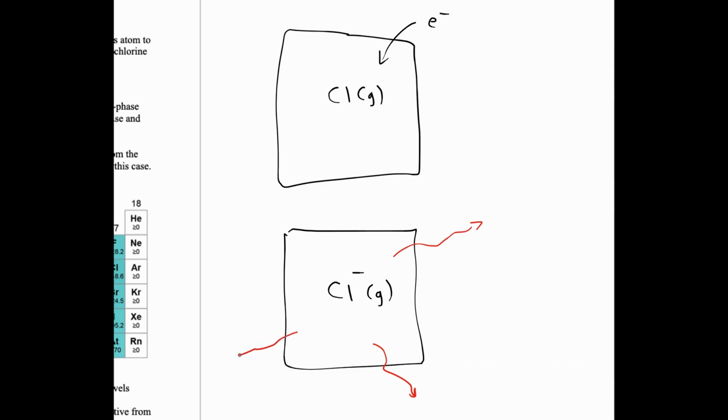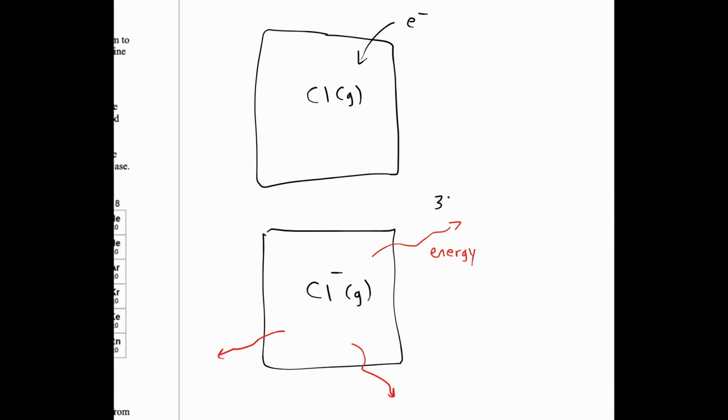It's exothermic. How much energy flows out? 348.6 kilojoules per mole of the chlorine gas.